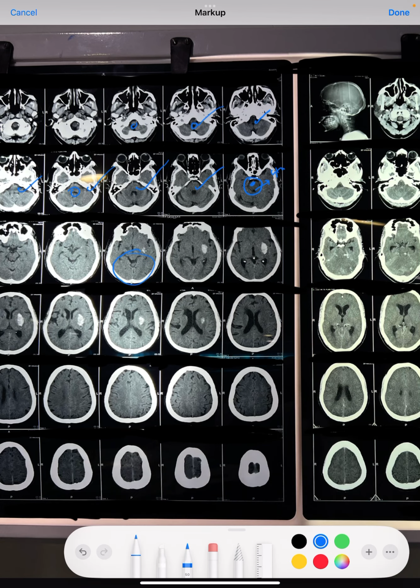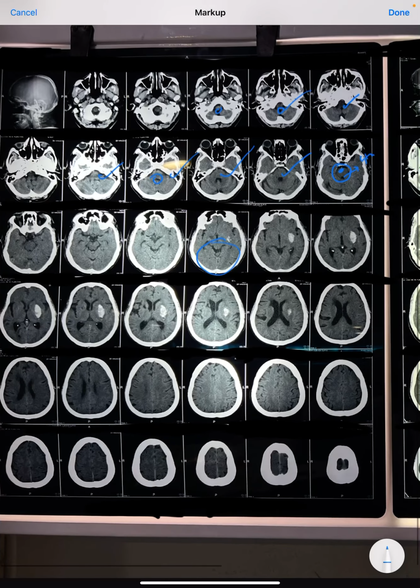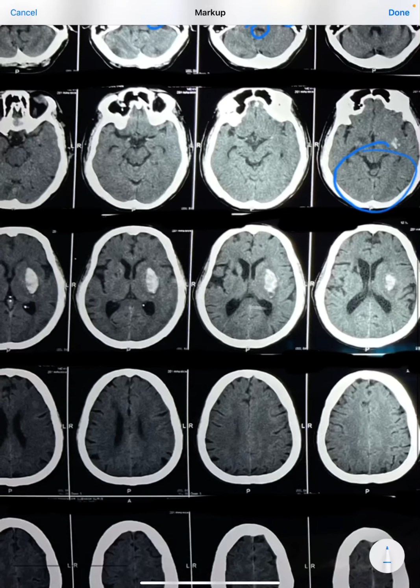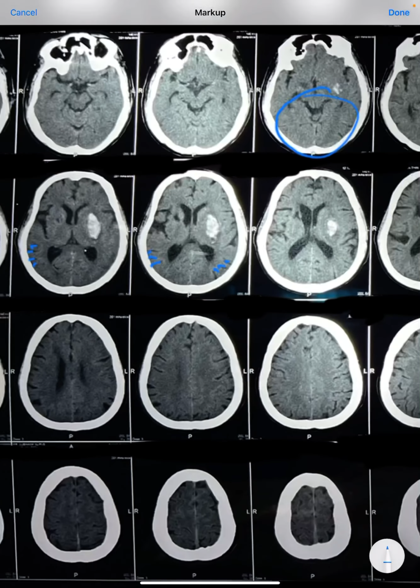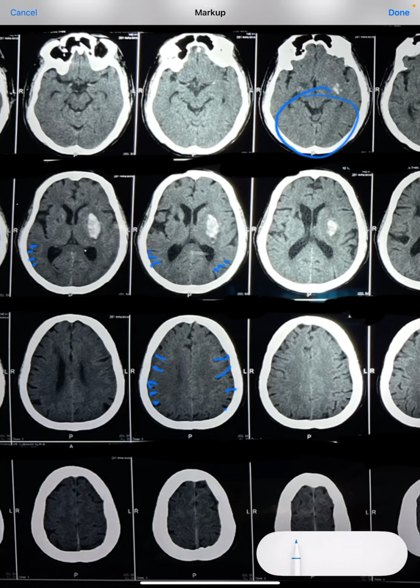But what I want to highlight is, see this part in this image, there are so many sulci which we can see very well, and these sulci are all black, because there is no blood. We know that whenever there is presence of blood, it will look hyperdense.